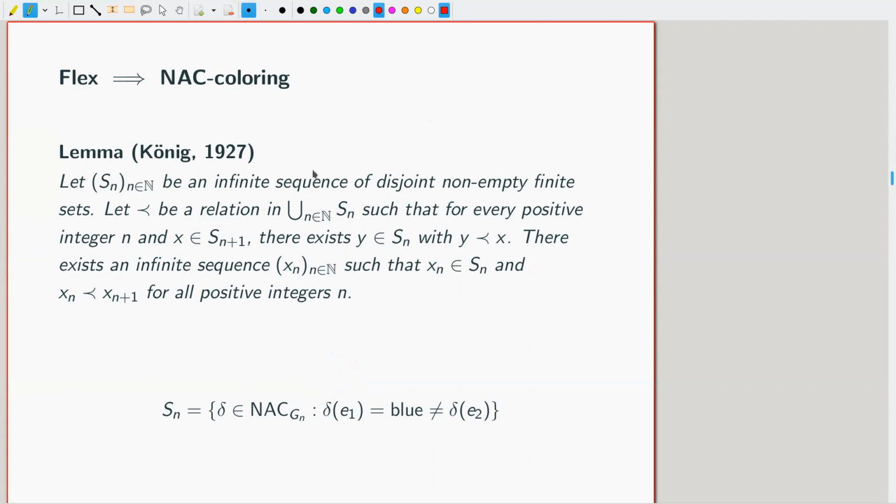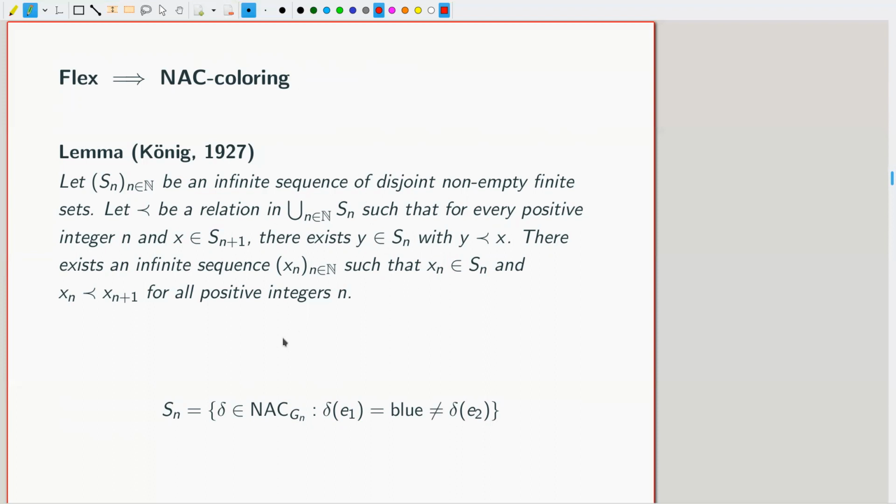If I pick in any of them an element x, there has to exist an element y in the previous set such that y is in relation with x. And now the lemma says that there exists an infinite sequence of elements such that the nth element is in the nth set, and they are in relation consecutively with each other.